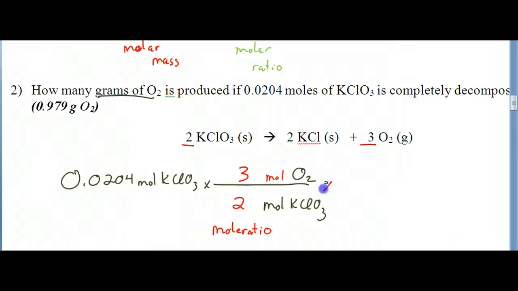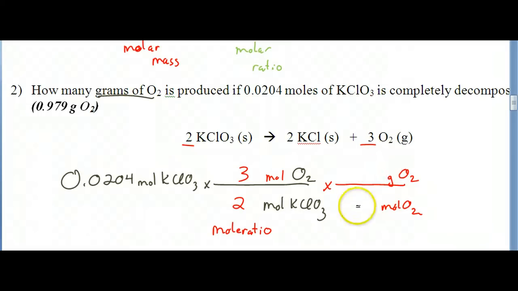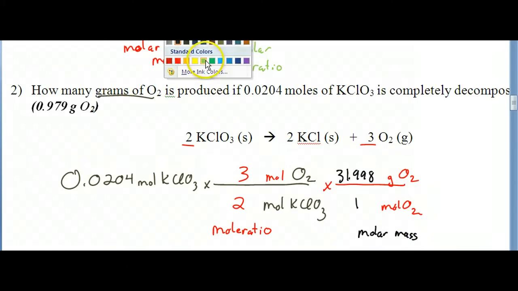I'm not done yet, so X line, drag down the unit, trying to convert to grams of O2. And now I have to convert moles to grams. How do we do that? That's with the molar mass. 1 mole is equal to 31.998 grams of O2. You can draw your diagonals.